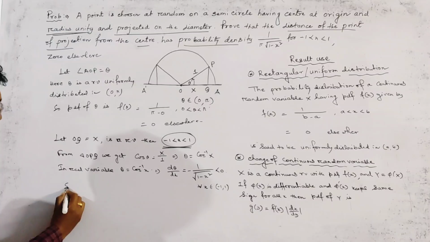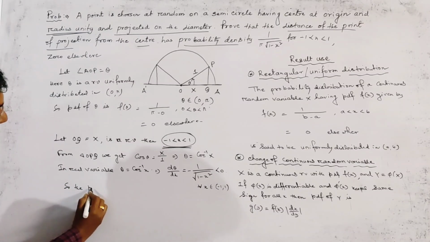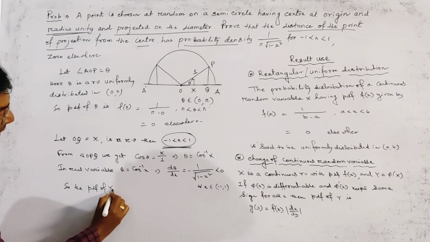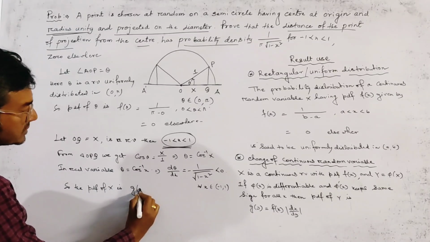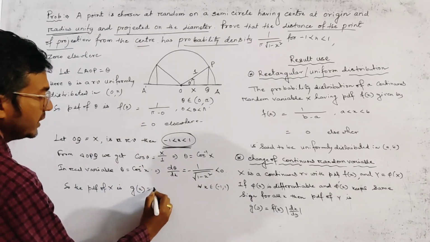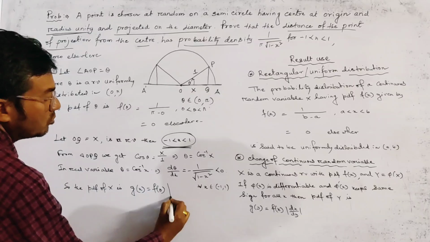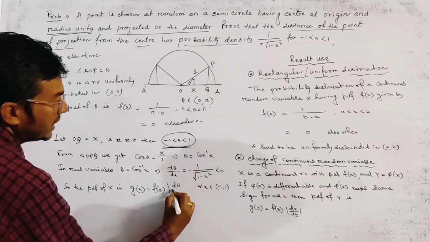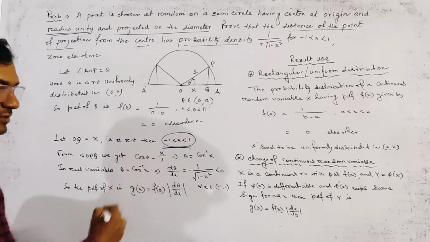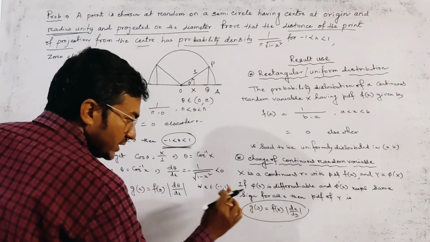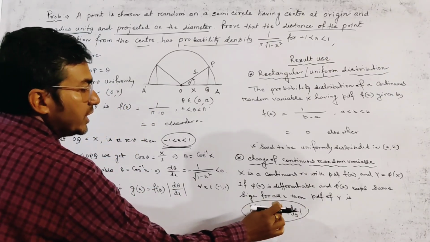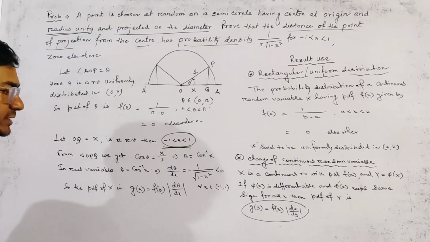So the PDF of capital X is g(x), which is given by f(theta) into mod of d theta by dx. Using this formula, here we write x in place of y and theta in place of x.